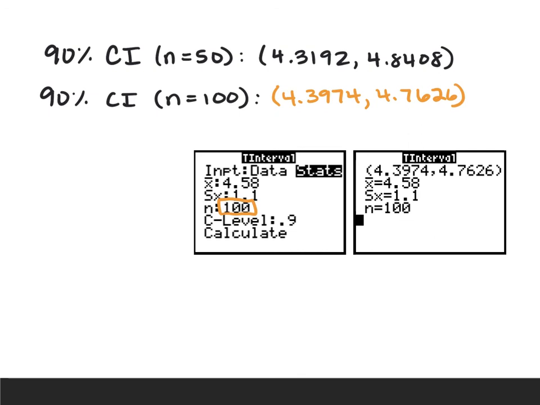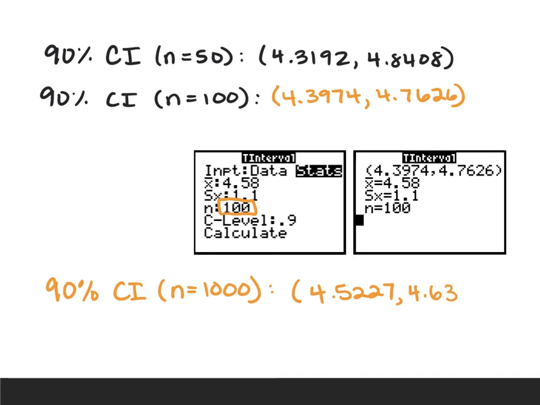Then I really narrow down. So a 90% confidence interval when n equals 1,000 is going to be 4.5227 up to 4.6373. So notice that is really narrowing in on how long this will take.